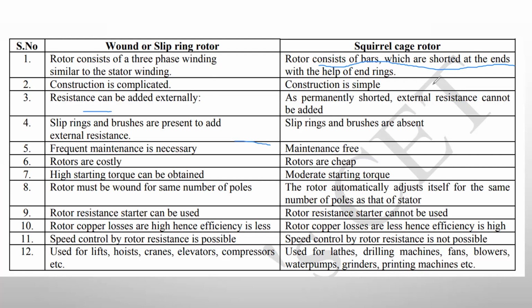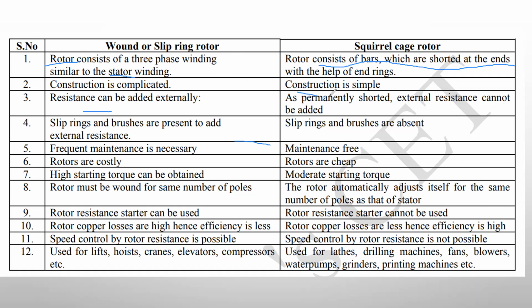Here, in the slip ring motor, the rotor consists of a three-phase winding. The rotor and the stator are alike: the stator is of star connection and the rotor is also of star connection type. The rotor is of three-phase winding, similar to the stator winding.